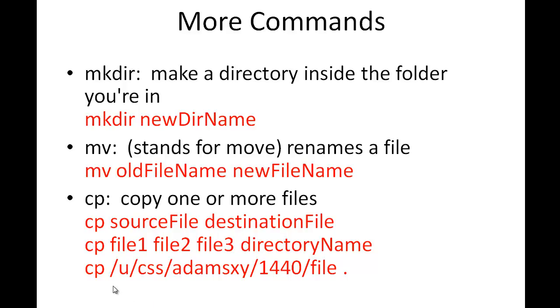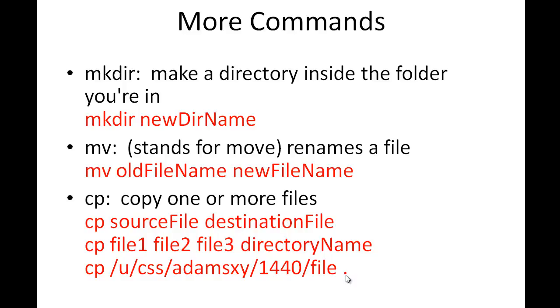Here's a very specific example. This is going to copy a file named file that is housed in the directory /u/css/adamsxy/1440. Inside the 1440 folder is this file named file, and I want to copy it to the directory that I'm in right now, and that's what this dot does.